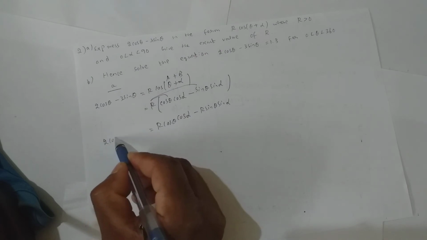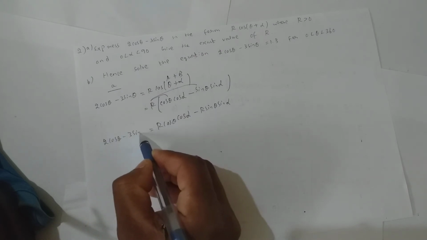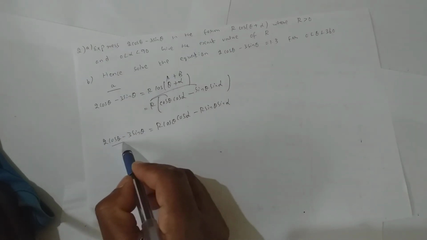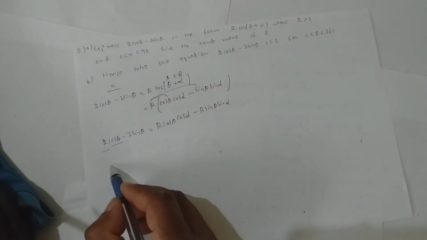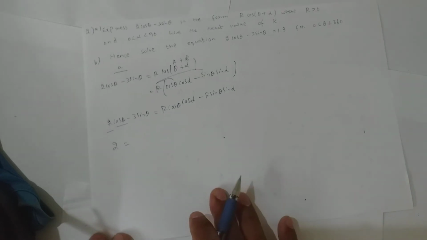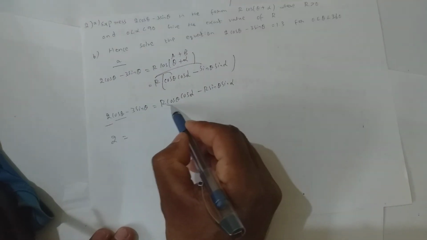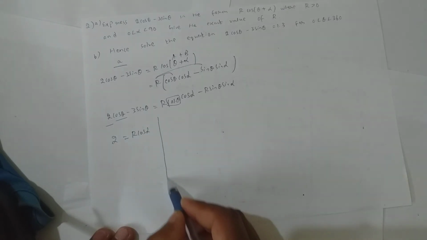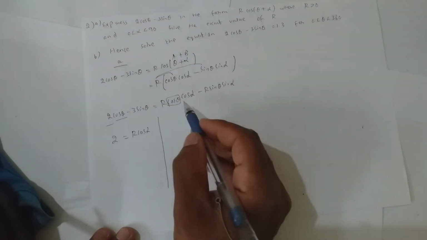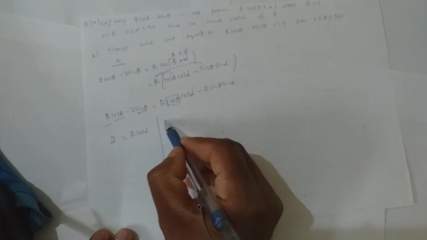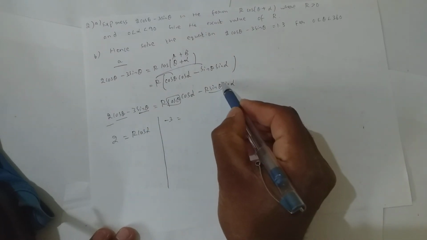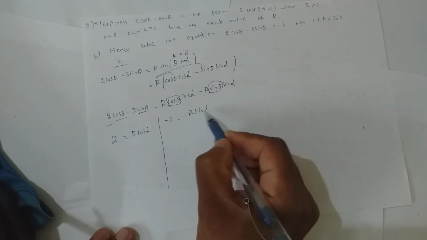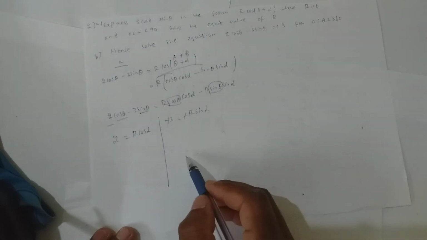And the next step is comparing. Before cos theta, what do I have? This side 2. And on the other side, what do I have before cos theta? I have r cos alpha. Clear? Now compare sin theta. Before sin theta, I have minus 3. And on the other side, I have minus r sin alpha. Minus minus gets cancelled.